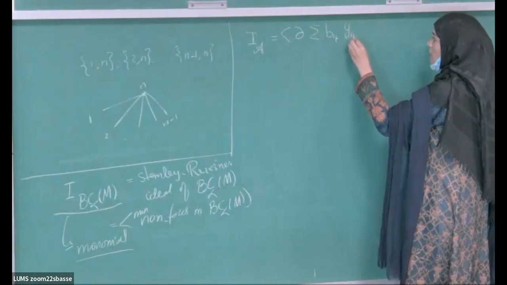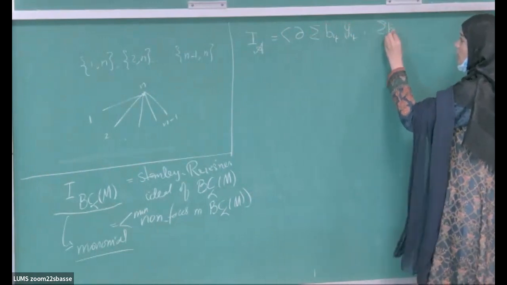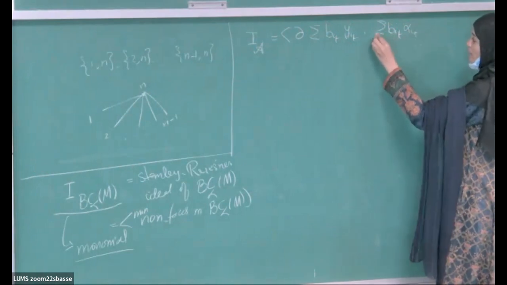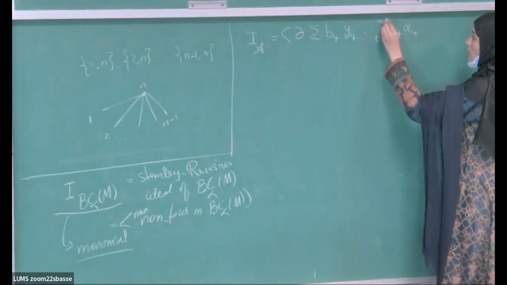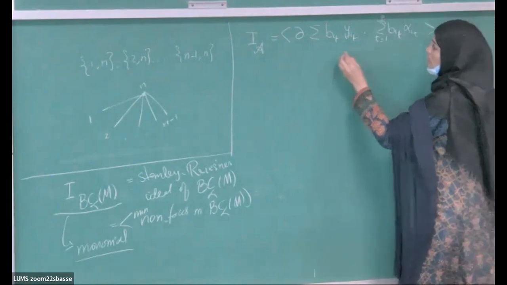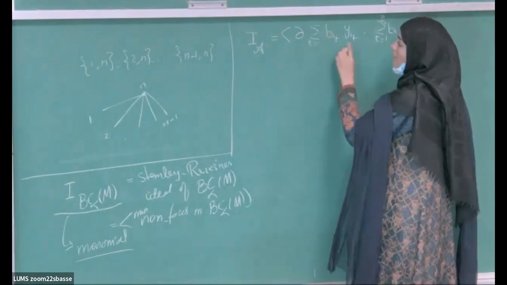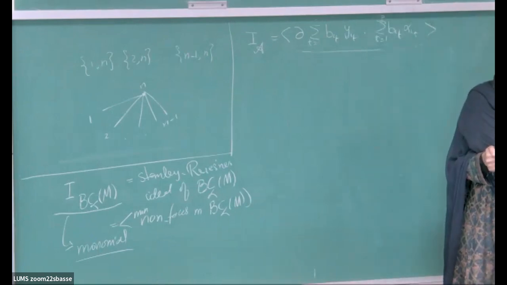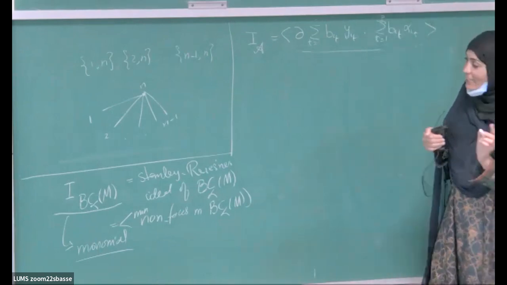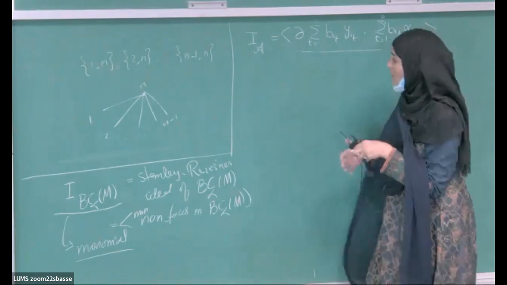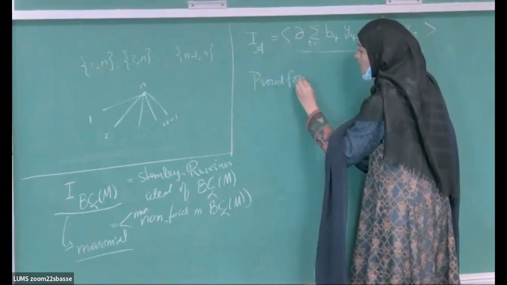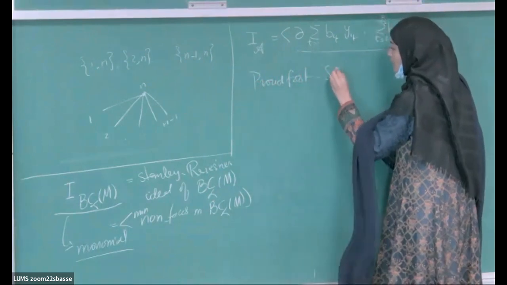It is just a relation between the hyperplanes. But this is not a monomial ideal in general. There is some connection between them, which is by Proudfoot and Speyer.